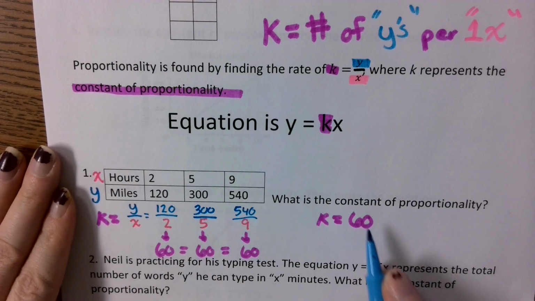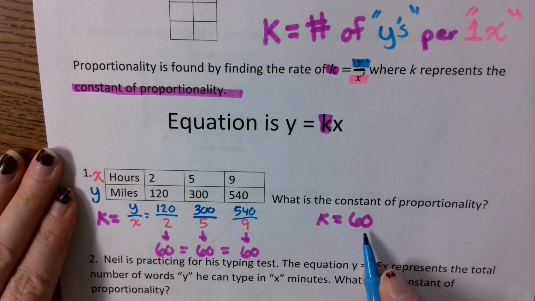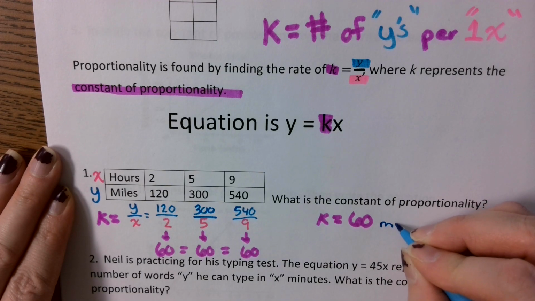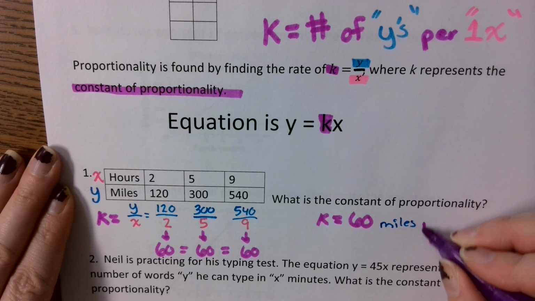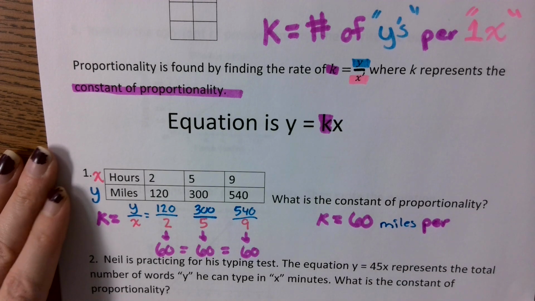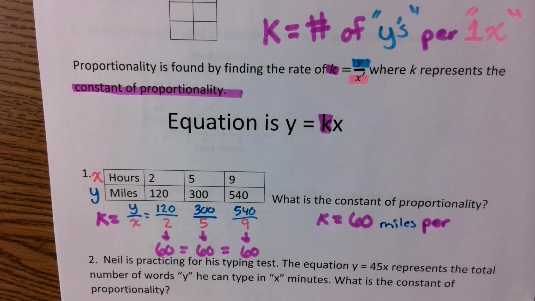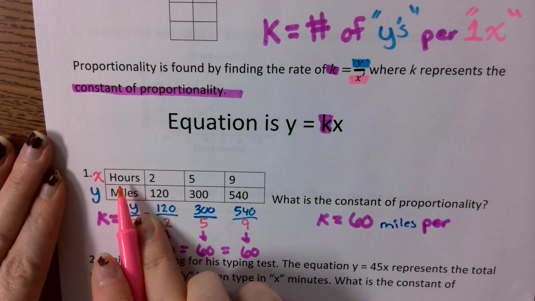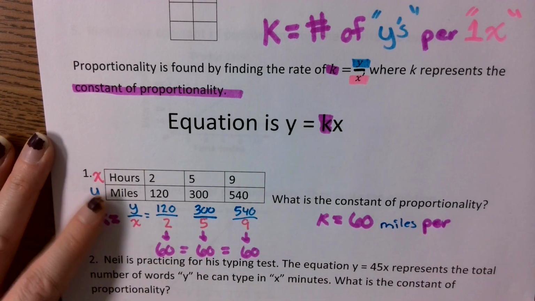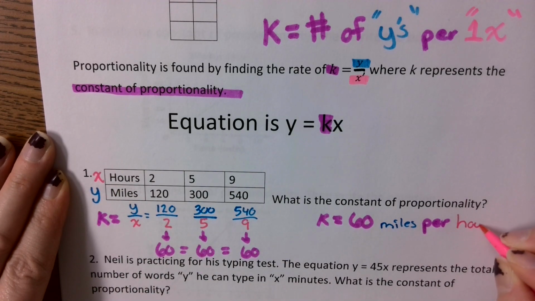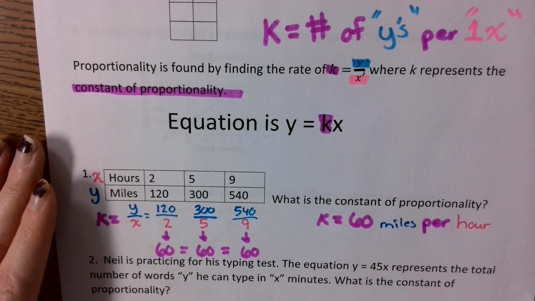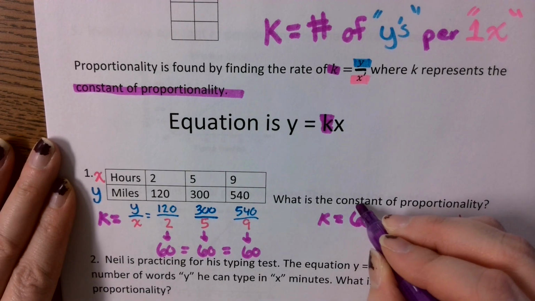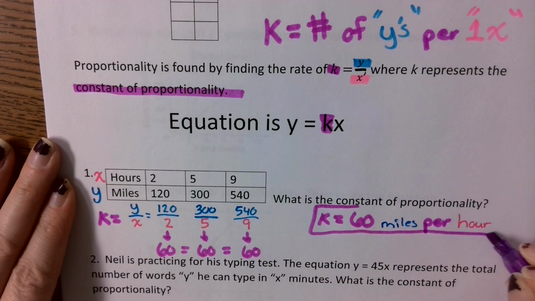Y represented miles. So that means that this is 60 miles per one of the x. What did x represent in this problem? Hours. X represented hours. So we would put 60 miles per hour, just one single hour. That is our constant of proportionality.